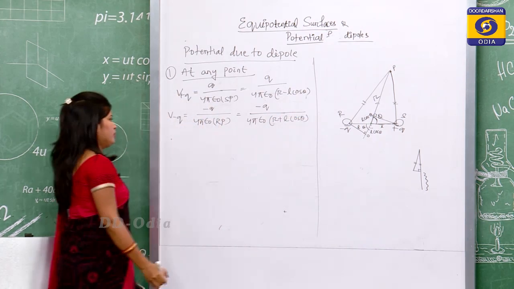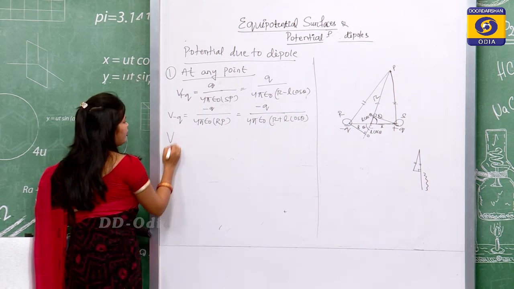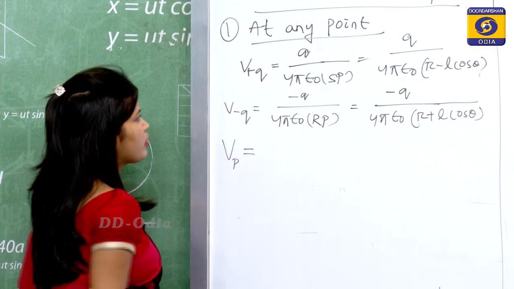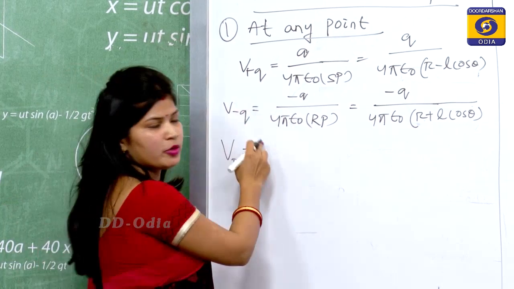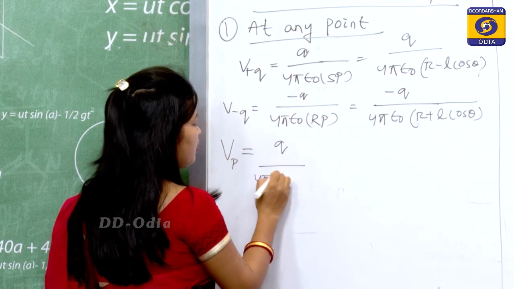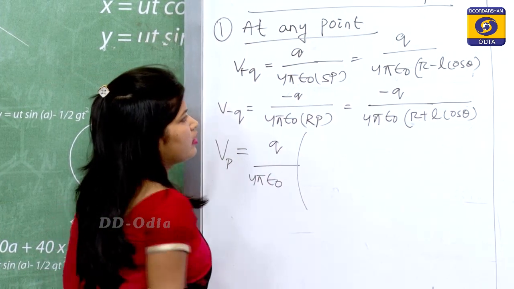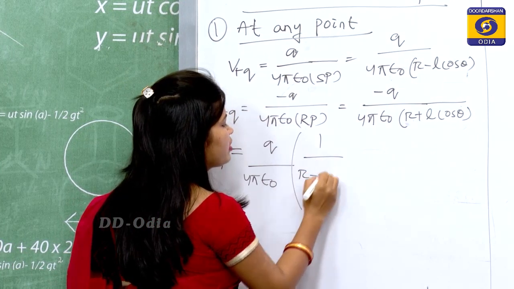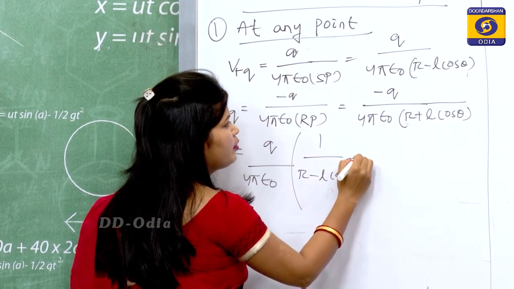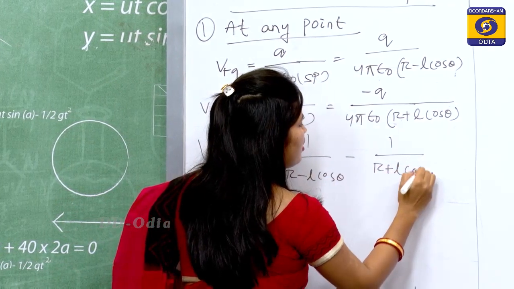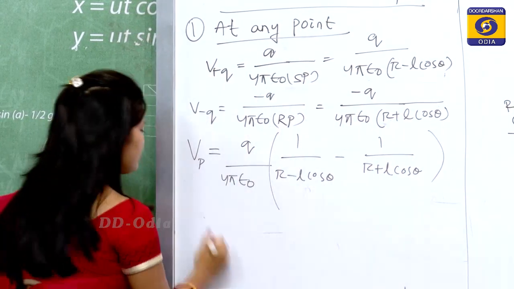Now, the net potential at point P is V plus q plus V minus q, which is equal to q upon 4 pi epsilon naught, taking common, 1 by (r minus L cos theta) minus 1 by (r plus L cos theta).